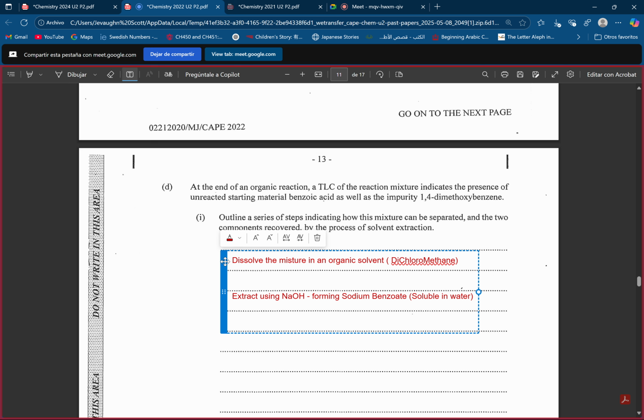Next thing we do, we separate the layers. And we can acidify the aqueous layer to recover the benzoic acid.